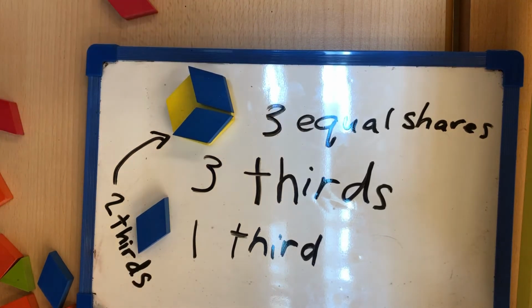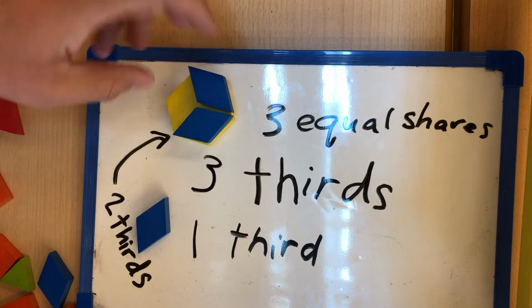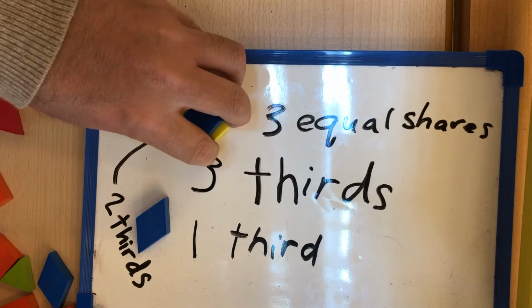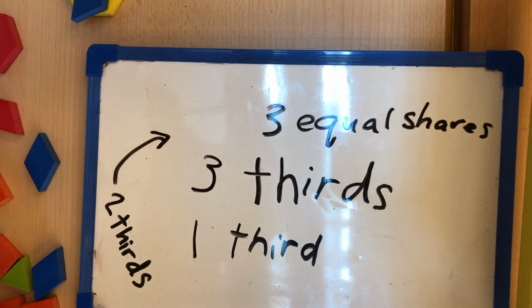Okay, so this is how we name the fractions. Now, if it's half, it's 1 of 2 pieces. If it's a third, it's 1 of 3 pieces, or 2/3, 2 of 3, or 3/3, 3 of 3 pieces. The next example we talked about is if we have 4 of something.